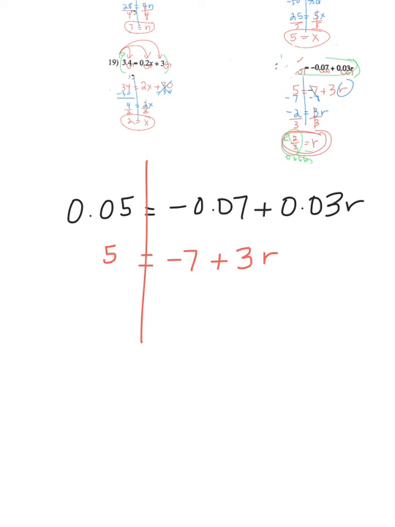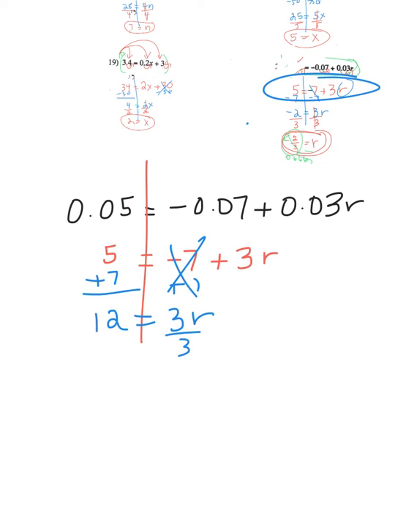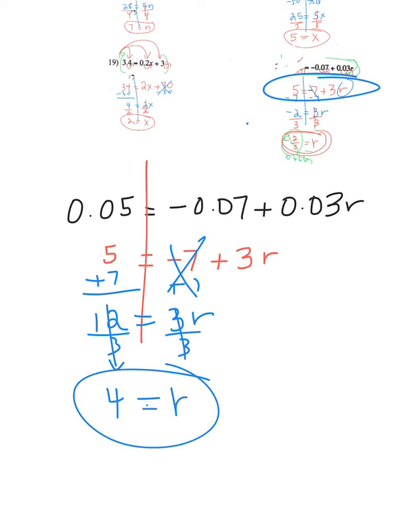I already did that up here. So this is where I messed up right there. Plus 7 gives me 12 equals 3r. Divide by 3, r equals 4. That's your answer right there. Not this. I'm sorry about that, you guys.